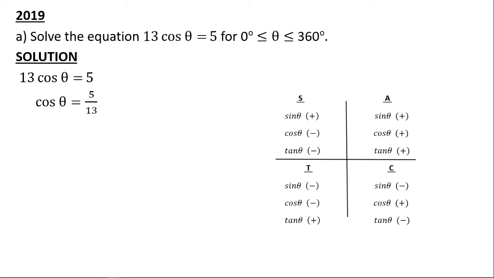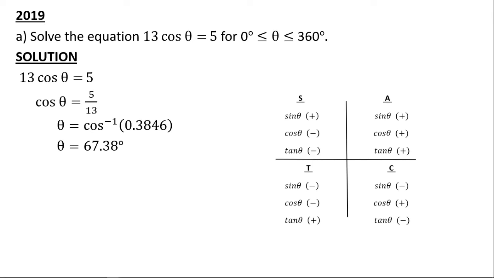So if we divide by 13, our cos theta will be equal to 5 over 13. To find theta, we have to find the cos inverse of 5 over 13. So we are going to change that 5 over 13 into a decimal. It is the same as 0.3846. So theta equals cos inverse of 0.3846.